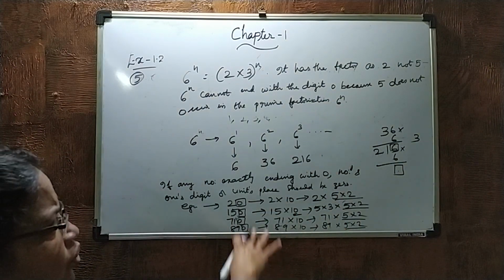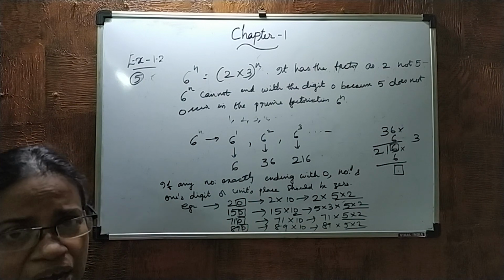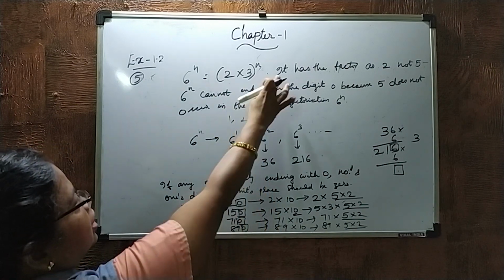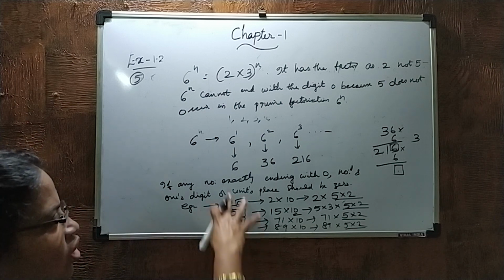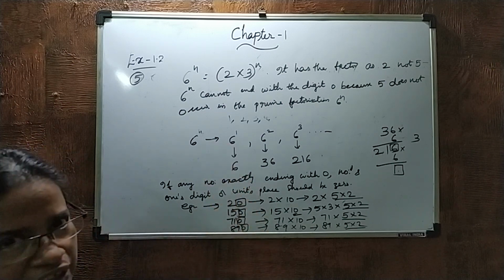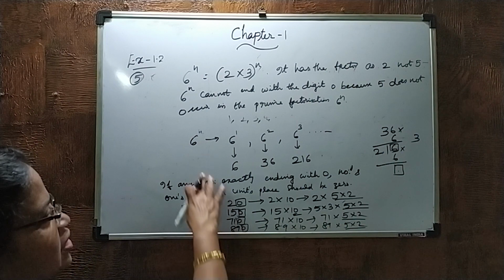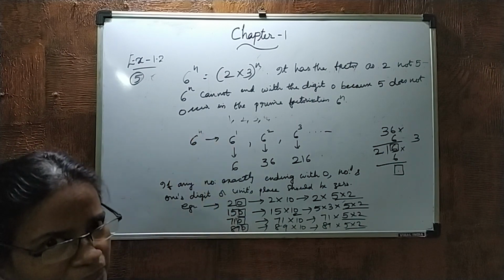Now look, no need to write all these things for the exam. Only these two sentences will be enough for the exam. I just explained everything. What I told you, 6 raised to n means n is a natural number.